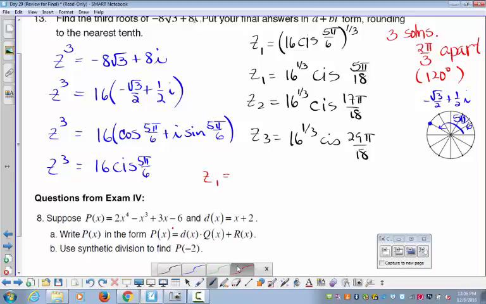Then we would do 16 raised to the 1/3 power. Make sure you wrap that exponent up. Multiply by cosine of 5 pi divided by 18. Wrap that angle. We should get 1.62 to two decimal places.